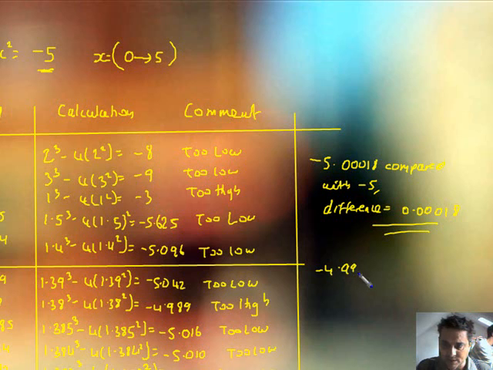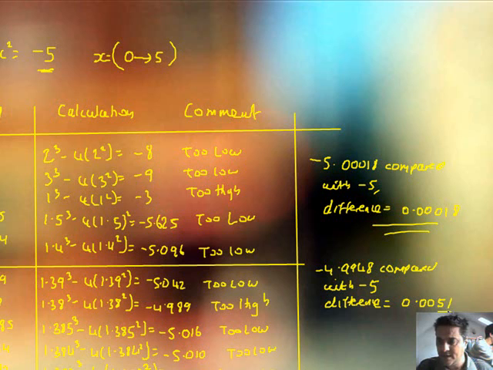Minus 4.9948 compared with minus 5, and the difference is going to be, that means you can do a subtraction on your calculator. The difference is 0.0051.